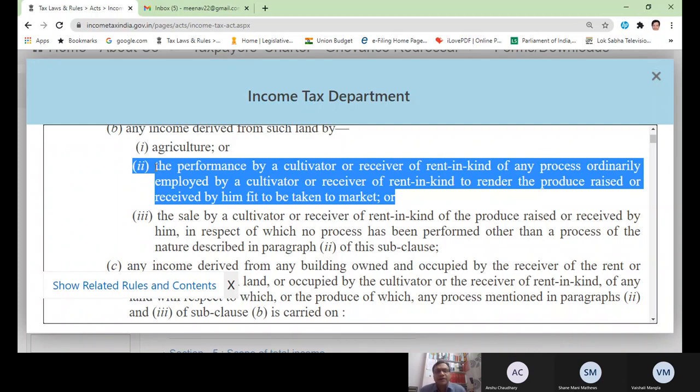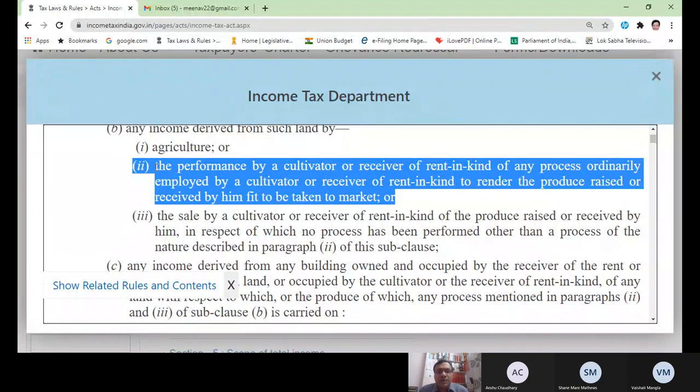If any farmer hires that work, if some farmer hires that machine, then the income of that machine which will convert this crop into a produce which is fit for sale in the market is also agricultural income.